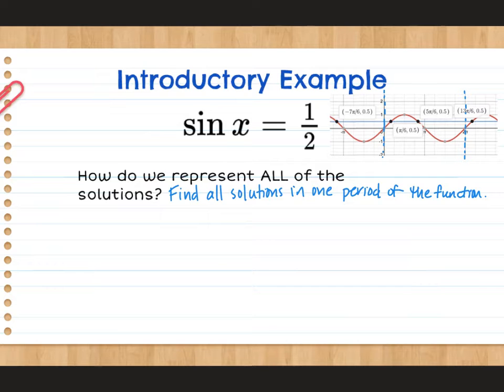So the two solutions that are present are pi over 6 and pi minus pi over 6, which is 5 pi over 6.